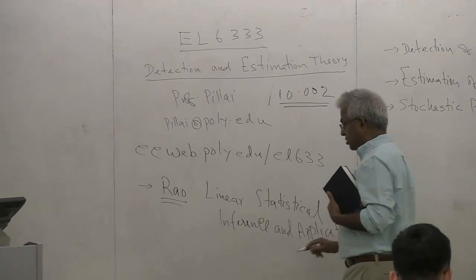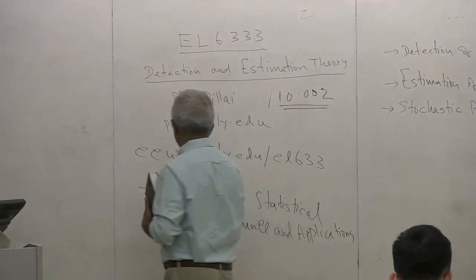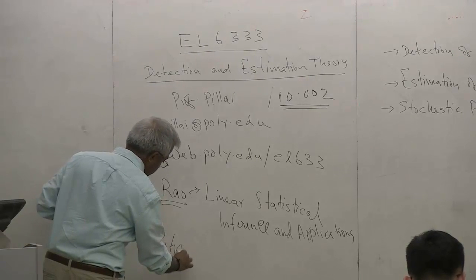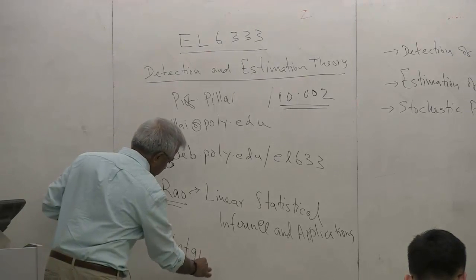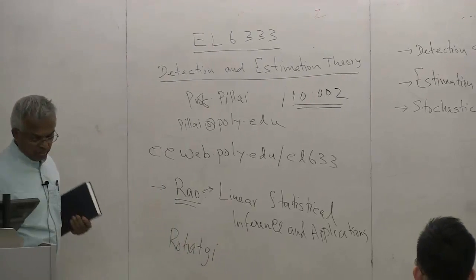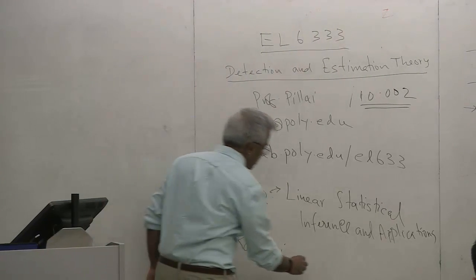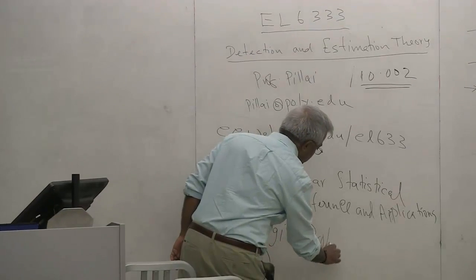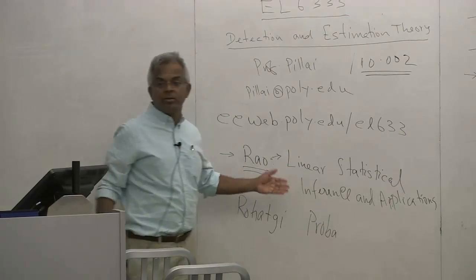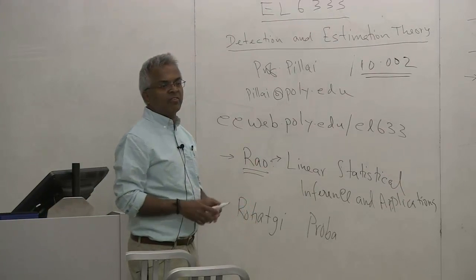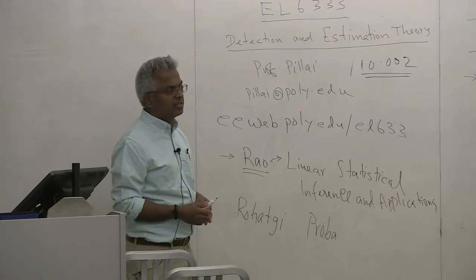The other statistics book I like and also refer to is Rohatgi, Probability and Statistics or something, right? So you can check under Rohatgi. The good thing is nowadays you can buy used copies of these books.